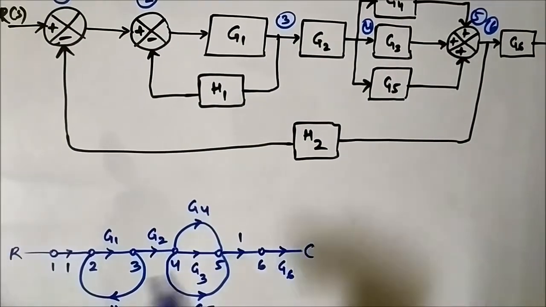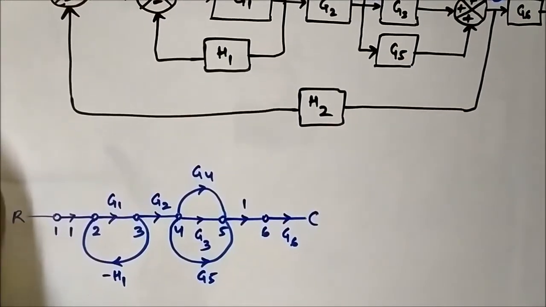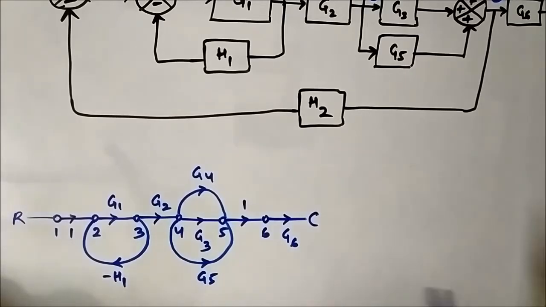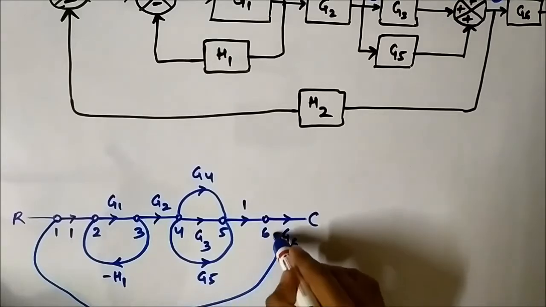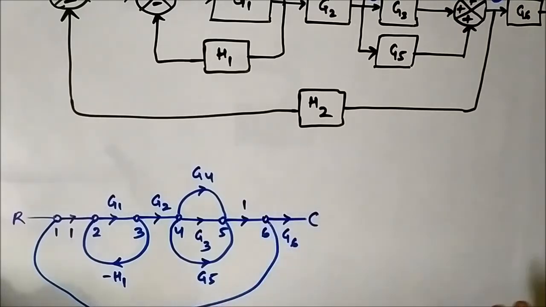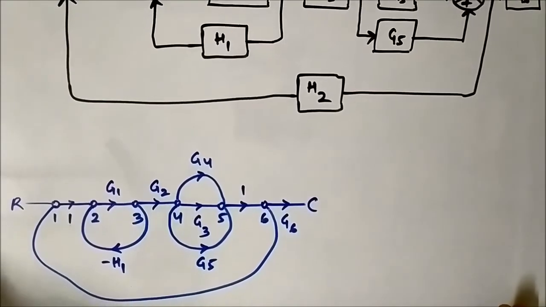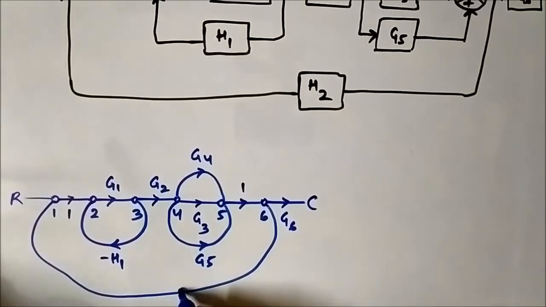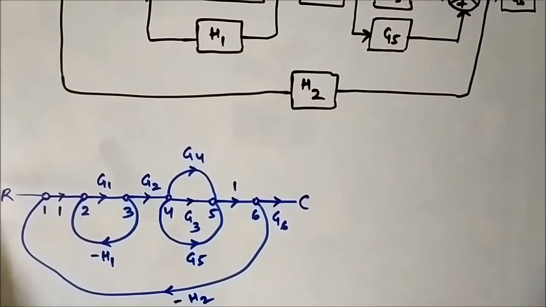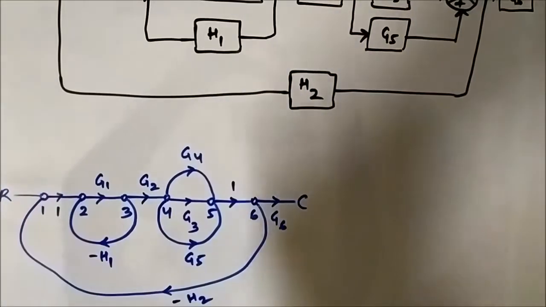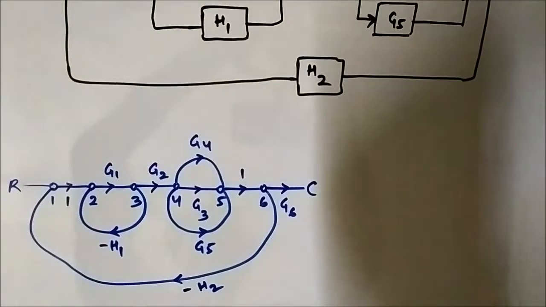So let us draw it: node 6 to node 1 with gain minus H2. Okay, so the signal flow graph is done. This is the signal flow graph.